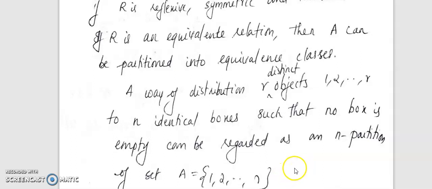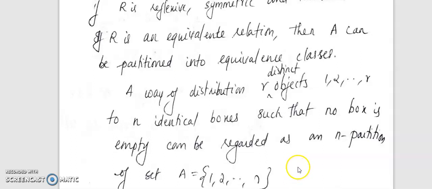Then it can also be looked at in the form of finding the Stirling number of the second kind. For the Stirling number of the second kind, we look at the number of ways of distributing r objects to n identical boxes such that each box is non-empty.